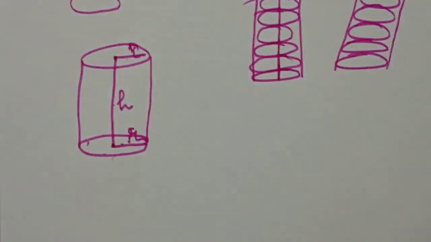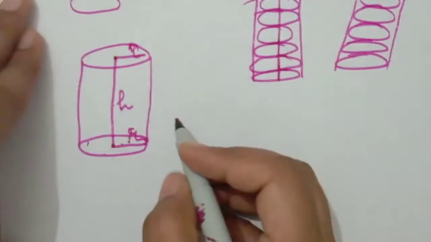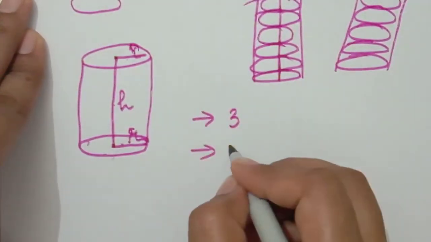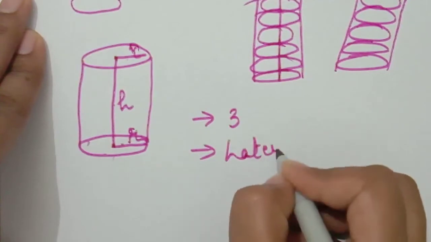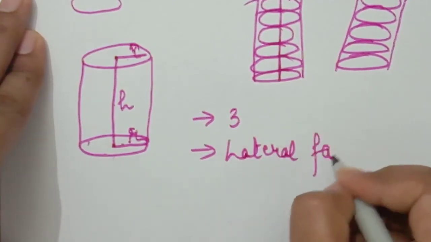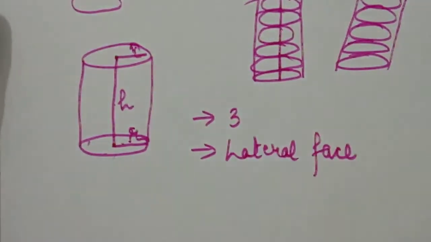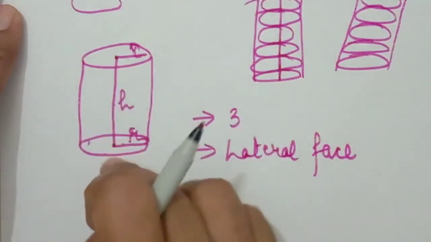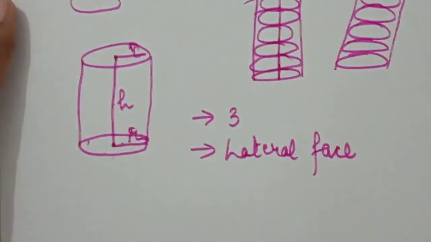Now the question is, in this we have a total of 3 faces, and what about the lateral face? Which one is the lateral face? The curved face, this curved face joining the two bases is called the lateral surface or lateral face of the right circular cylinder.